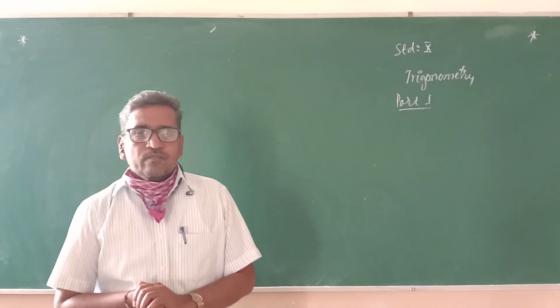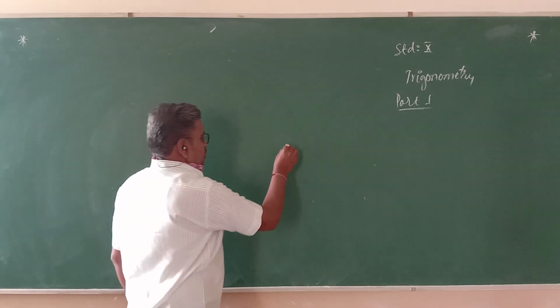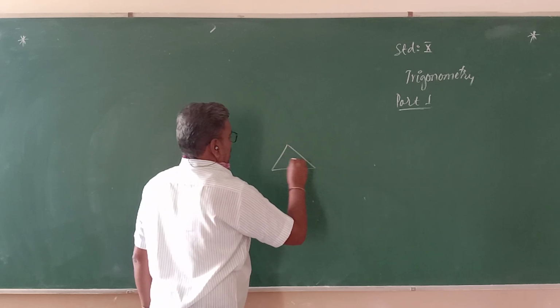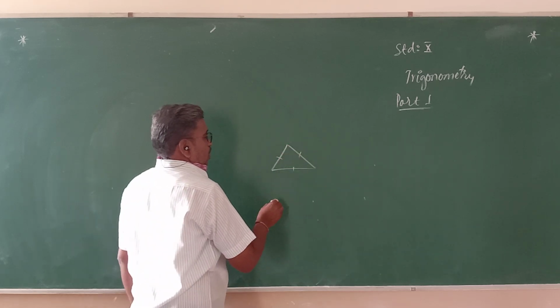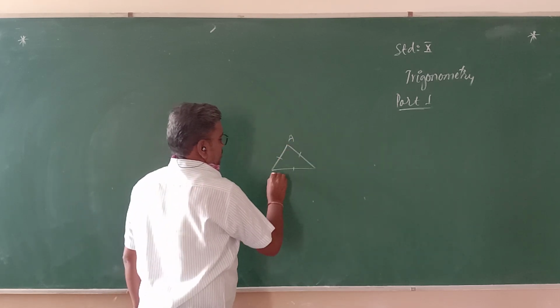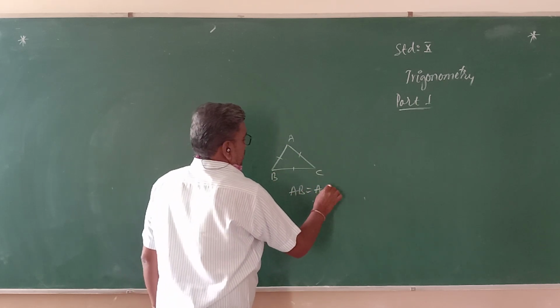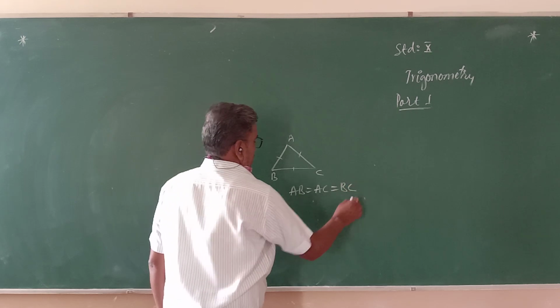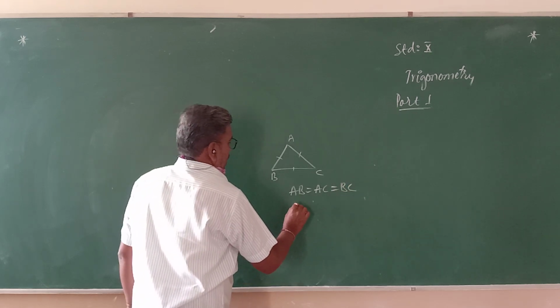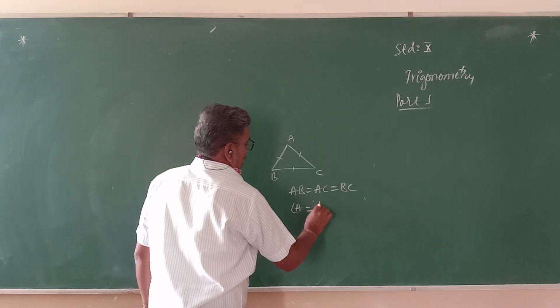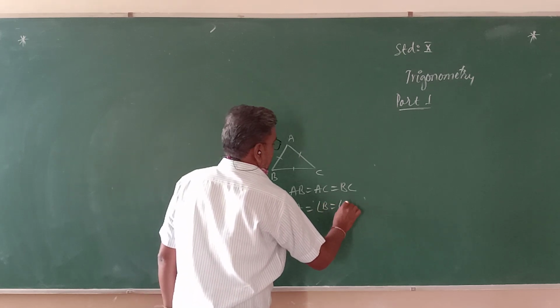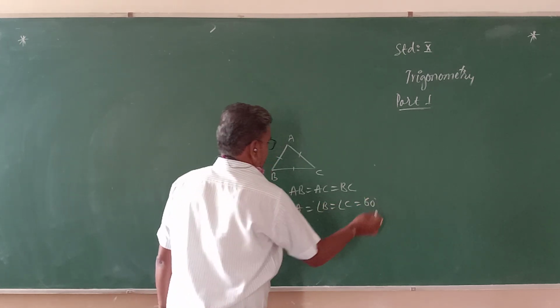So now we know the properties of equilateral triangle. All sides are equal. AB is equal to AC is equal to BC, and angle A is equal to angle B is equal to angle C is equal to 60 degrees.